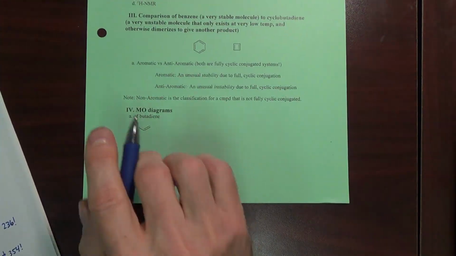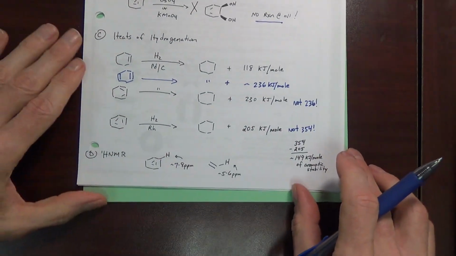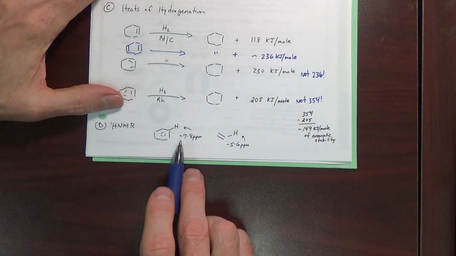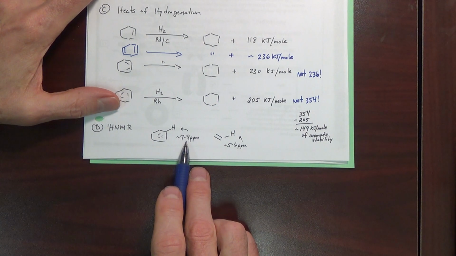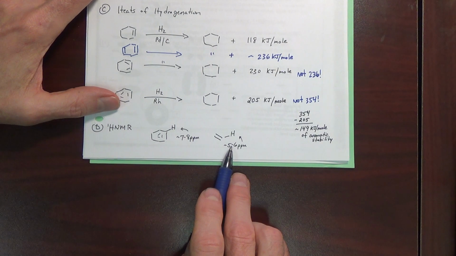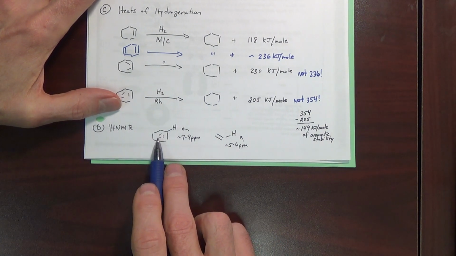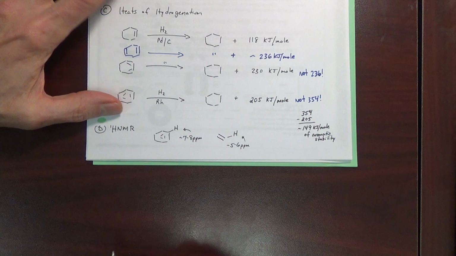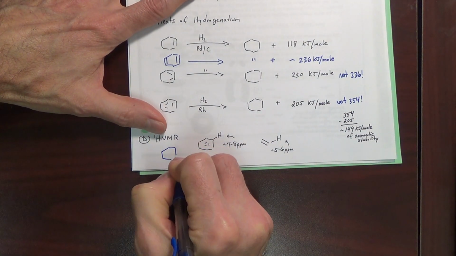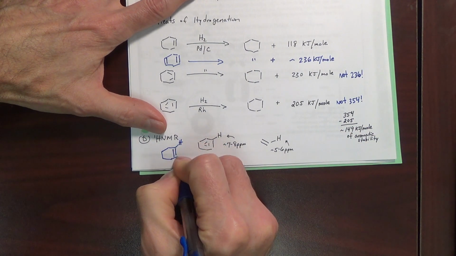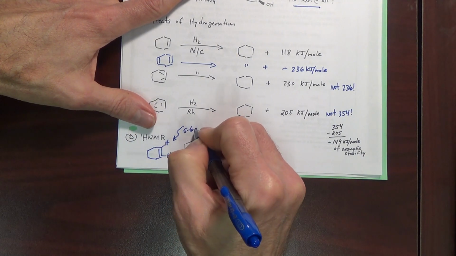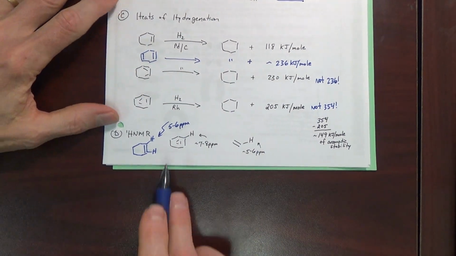D, NMR. What do we know about aromatic signals, protons? They appear in the 7 to 8 region. That's different from the alkene region, which is about 5 to 6. So this is not just 3 alkenes. All right. Now, if you had cyclohexene, well, drawing the H's, okay, you would expect 5 to 6 ppm.